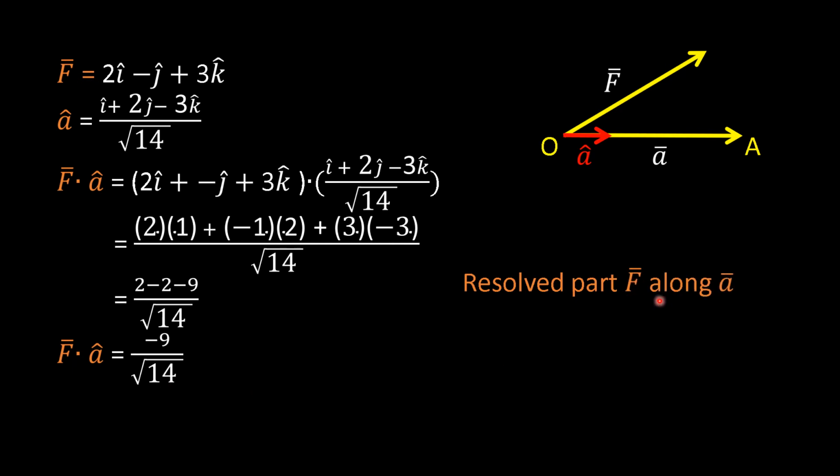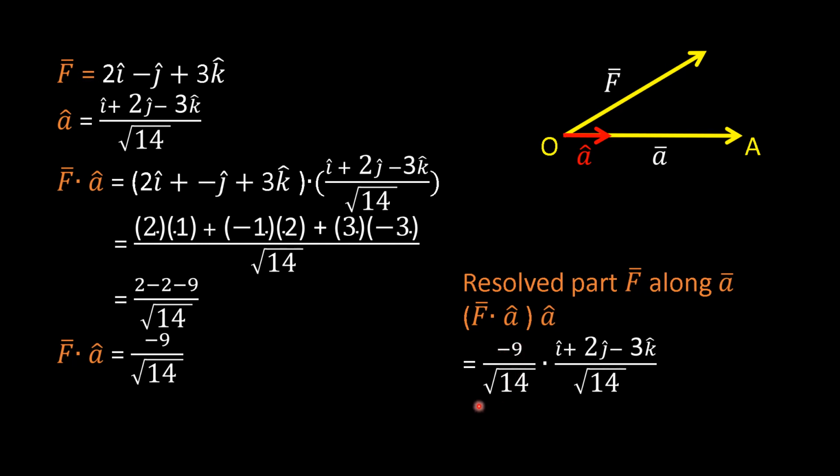Now the resolved part of F bar along A bar is F bar dot A cap, which is this, multiplied by A cap, which will be minus 9 divided by root 14 times A cap, which is this vector, which finally will be minus 9 upon 14, because root 14 multiplied by root 14 is 14, times I cap plus 2J cap minus 3K cap.